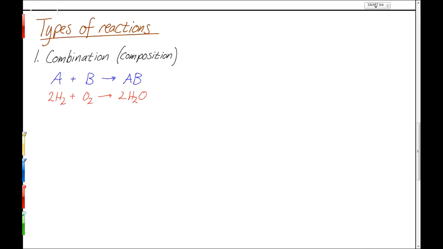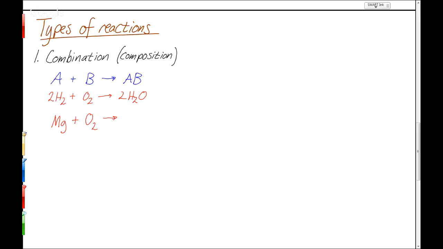So another example is, let's say I told you, and this is a reaction that you're going to do on Tuesday, magnesium reacts with oxygen gas, and we want to predict the products. So one thing we might say here is, well, magnesium is an element in its elemental state. Oxygen is an element in its elemental state. So if these two things are reacting together, probably they form a compound together.